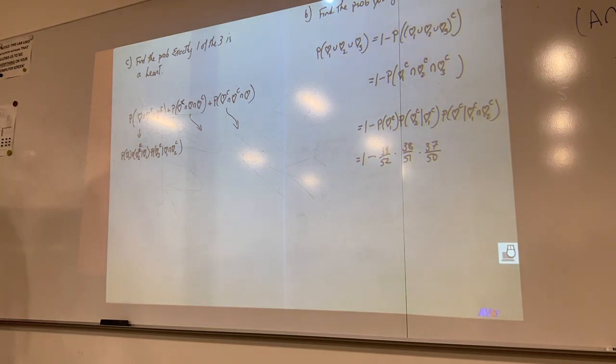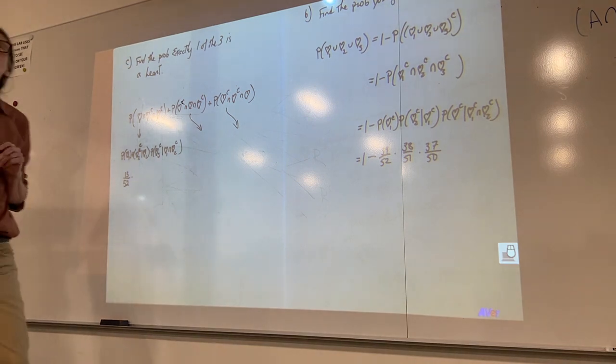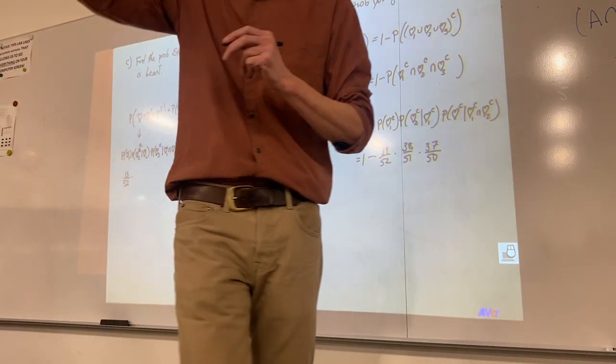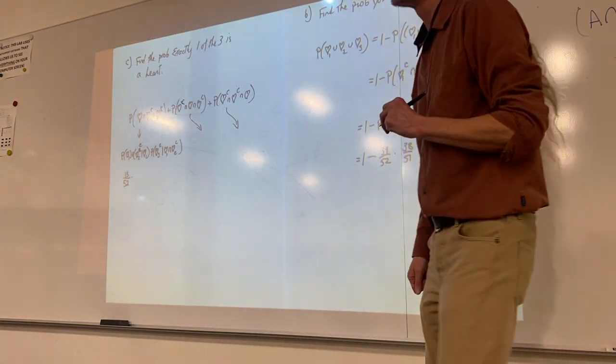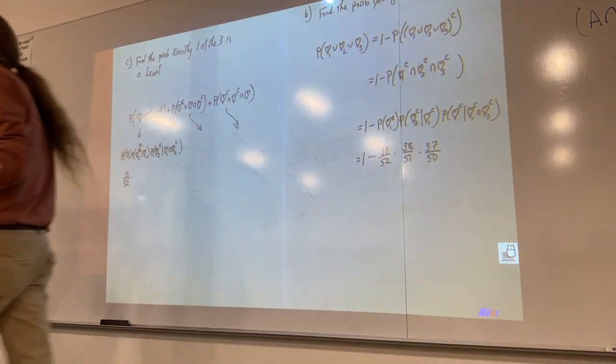By the way, this is 13 over 52. Then what's the probability the second is not a heart given you're looking at a heart? 39 over 51. Do we like that?